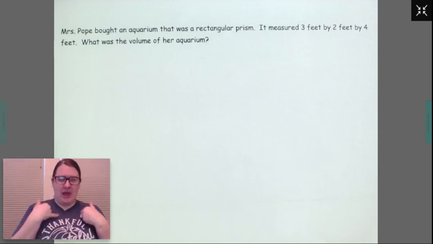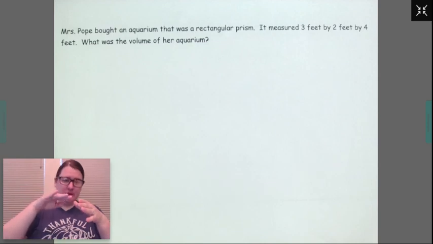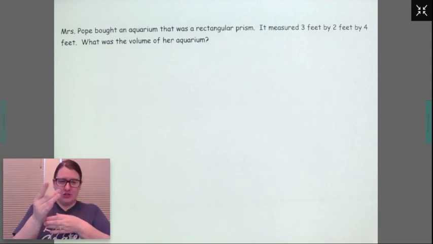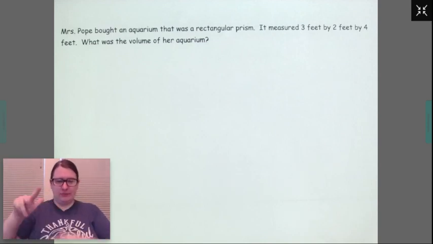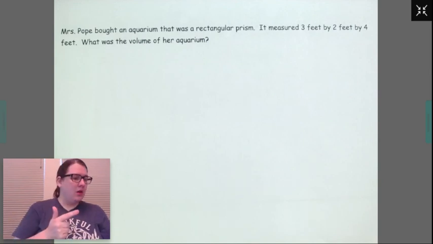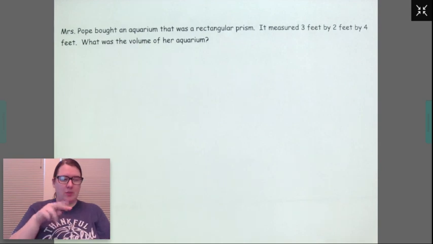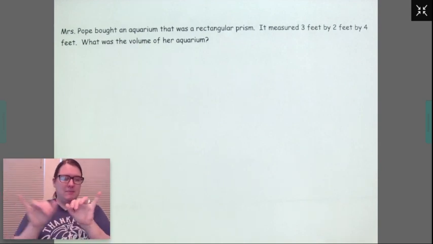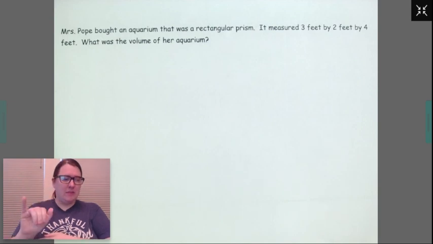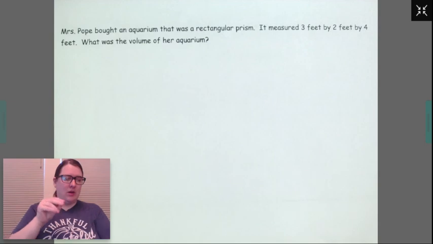It usually has water, and all your fish live inside and swim around. It has a rectangular prism shape. It's measured 3 feet by 2 feet by 4 feet. What is the volume of her aquarium?